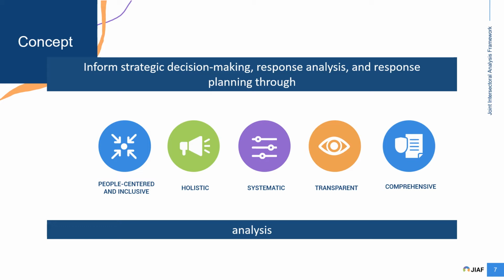For those wondering about the JIAF origins, the JIAF was developed based on a review of several commonly used analytical frameworks and many rounds of interagency and multi-stakeholder consultations with JIAC partners. Those include global cluster leads and several NGOs.